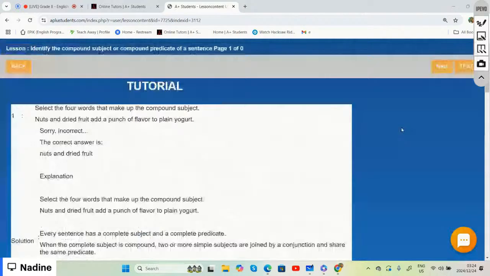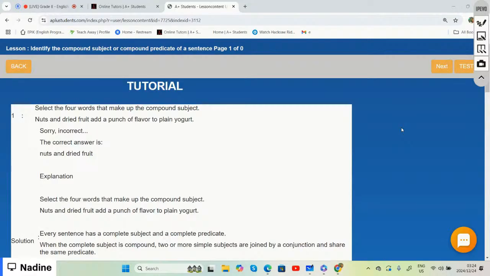Right, and before we go on to our test, we said we had to identify our compound subject as well as compound predicate. Firstly, the compound subject has two or more simple subjects joined by a conjunction, and they share the same predicate.